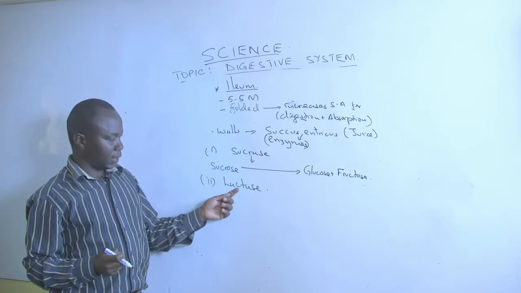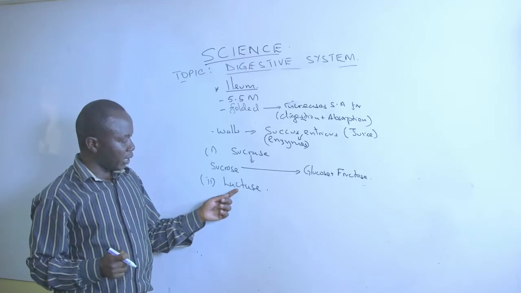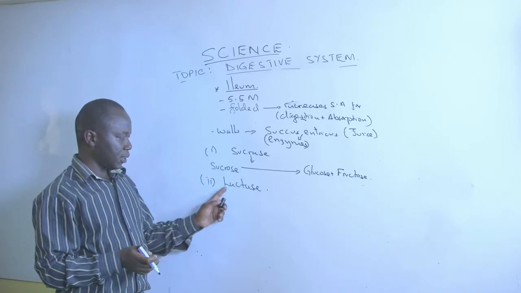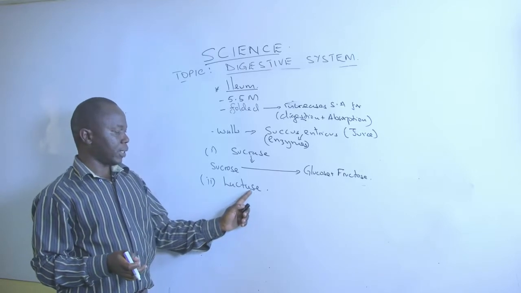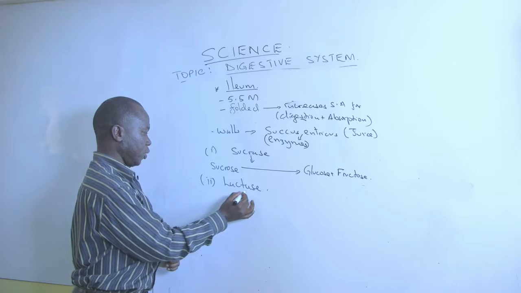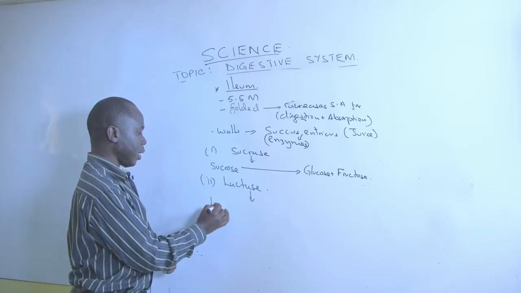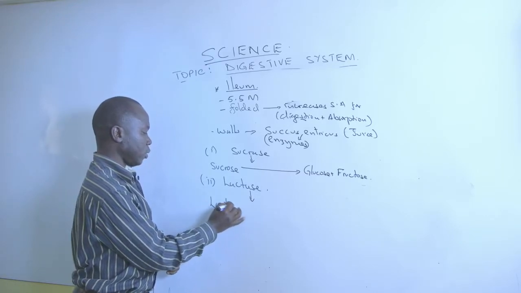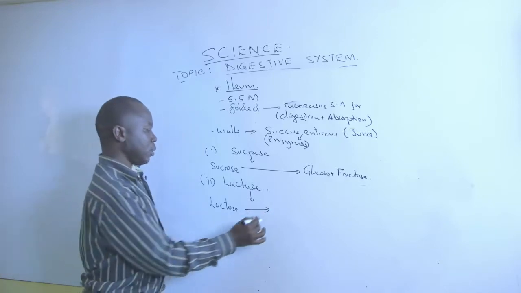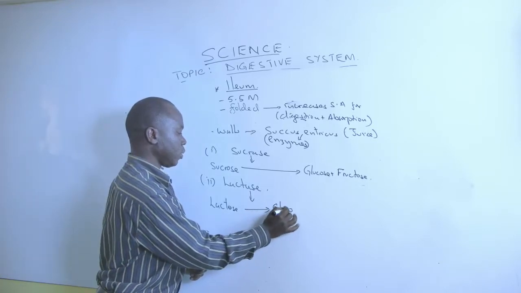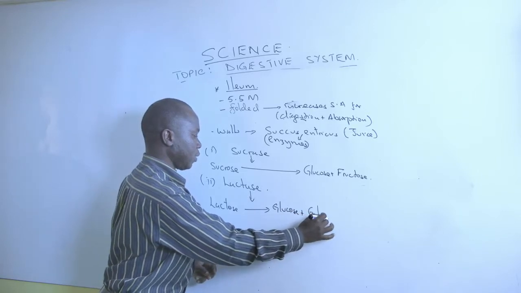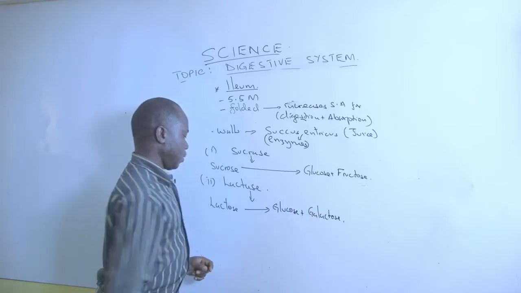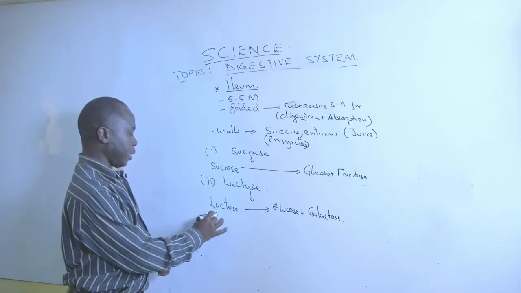Again, we can identify the substrate from the first part of the word: lactose. So it breaks down lactose into glucose and galactose. Lactose is found in milk.